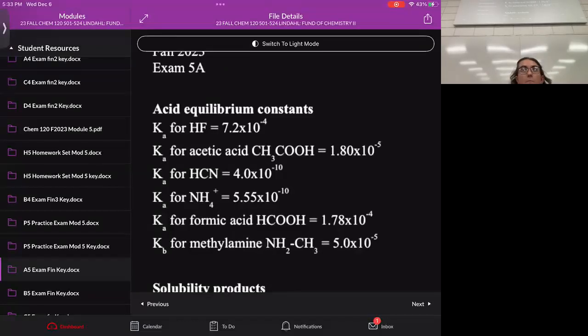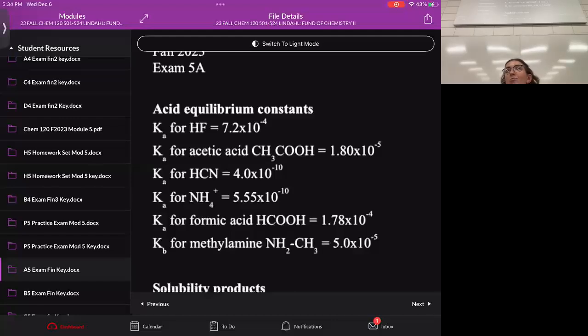What are we using here? Yep, so we need the Ka for the NH4 plus, which is equal to 5.55 times 10 to the negative 10. Any questions why we're using that one?